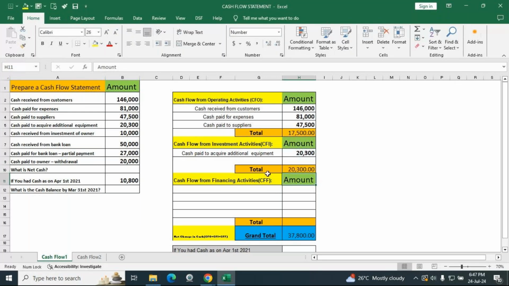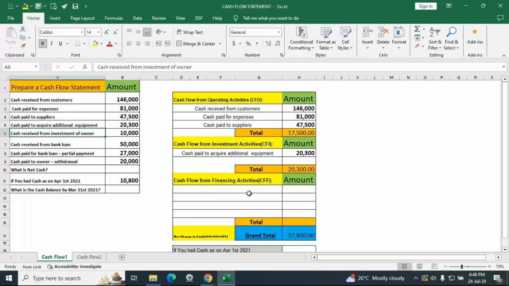So now CFF, that is cash flow from financing activities. Cash received from investment of owner. What about this one? Cash received from investment of owner, where should it come?